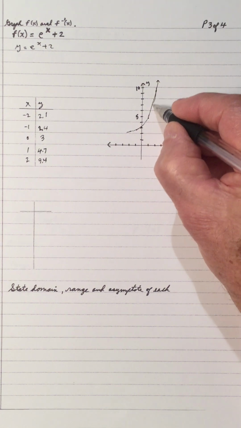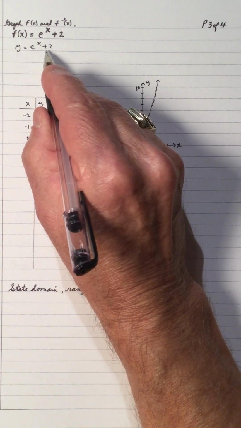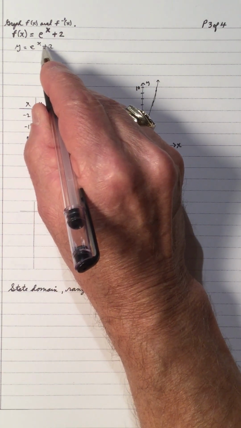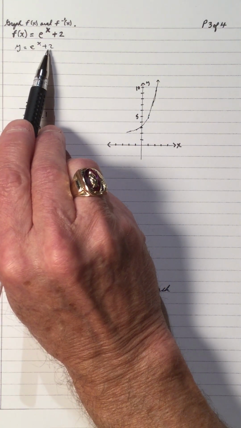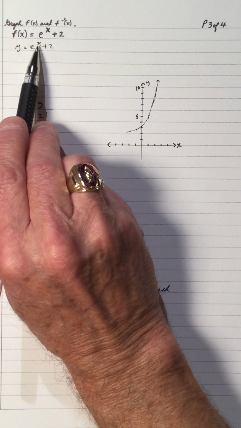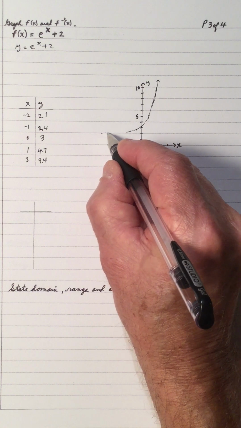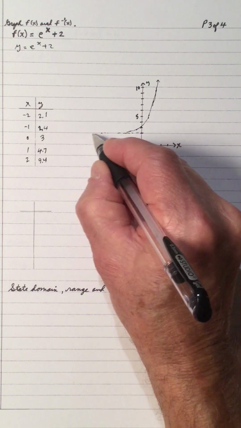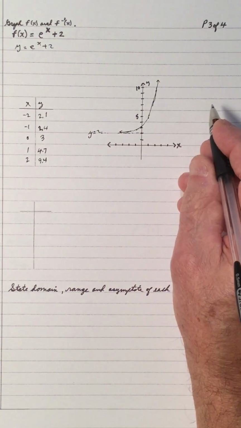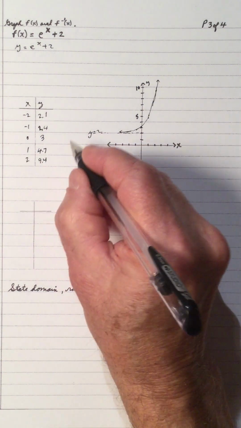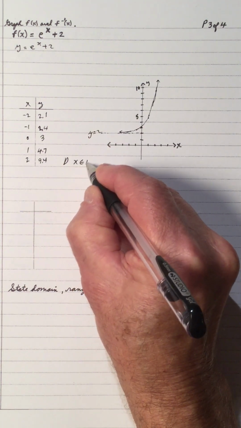There it is. But notice, this is an asymptote. This exponential will never go any lower than 2, because as x goes to negative infinity, the exponential goes to 0. So the asymptote is right here. That's the asymptote, y equals 2. So the graph goes along by that. So if we look at it, the domain of an exponential is x belongs to the reals.